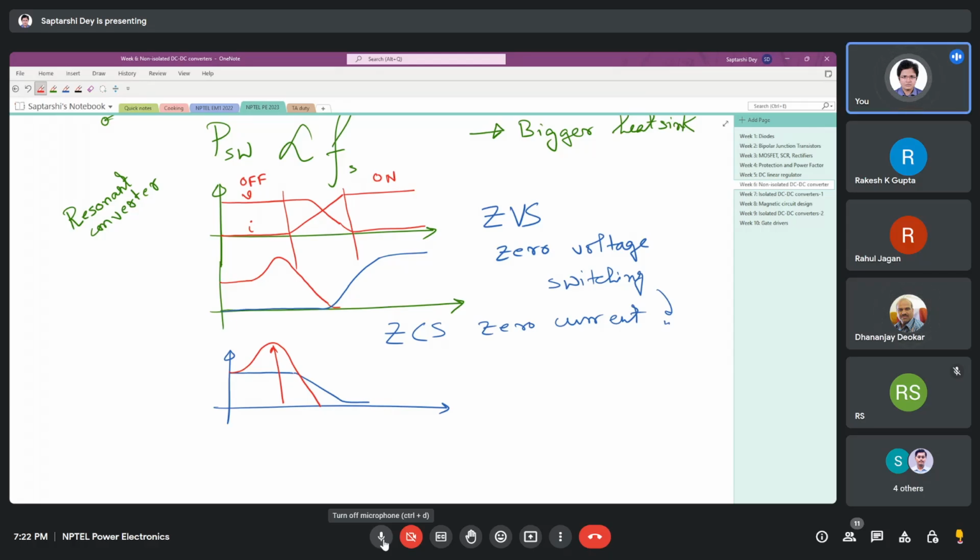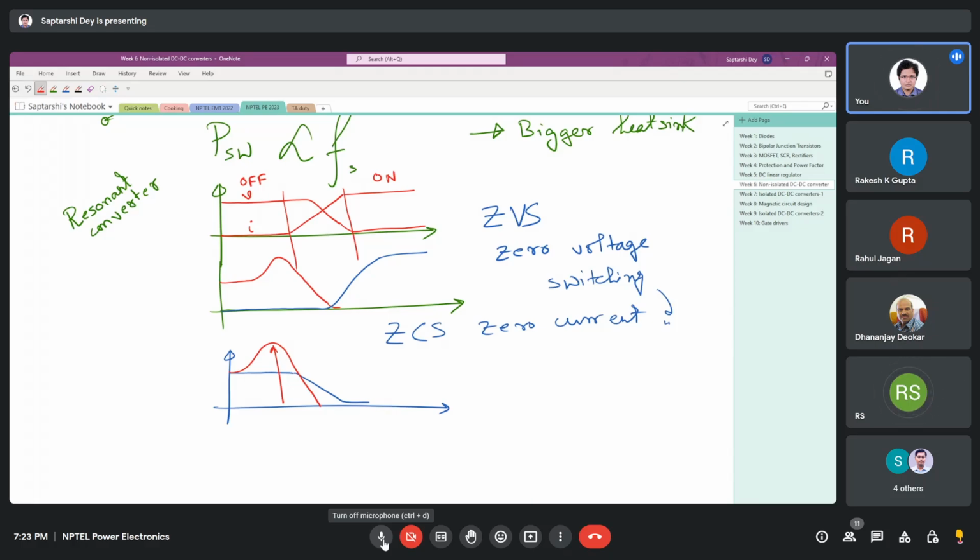Okay, that may be the case in some converters, but as far as I know, it is for purely resonant converters. If it is quasi-resonant or switch resonant, then maybe there is a compromise between them. I'm not very sure about that.